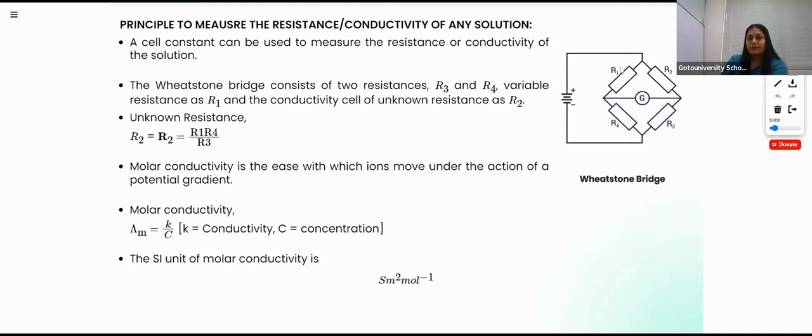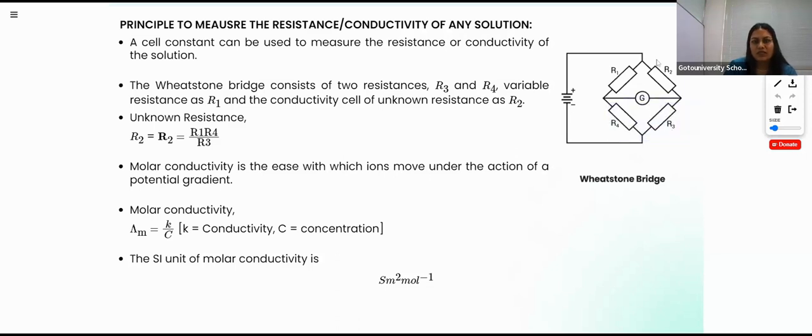That is why we introduced the conductivity cell. For direct current, it was passing through these resistances causing chemical reactions here. For that we used alternating current in the conductivity cell, right? So to measure the conductivity or say resistance of a solution, we introduce cell constant. In the Wheatstone bridge you can see two resistances, R3 and R4, which are variable.